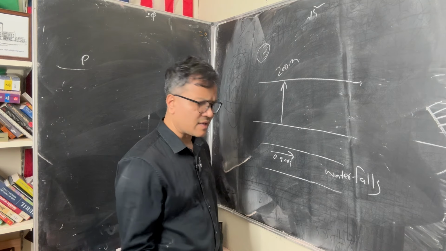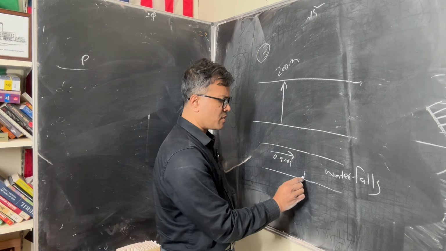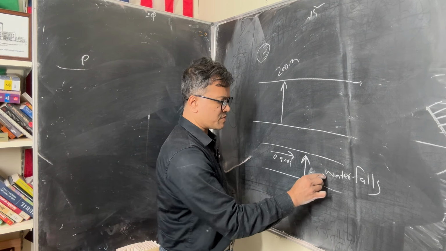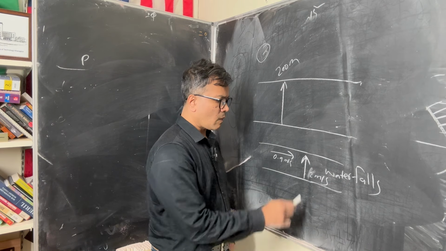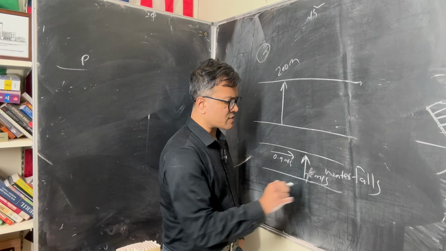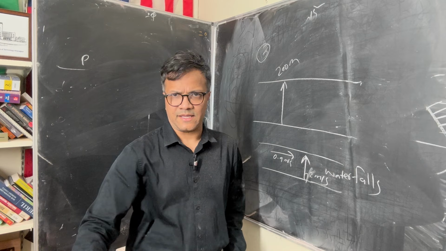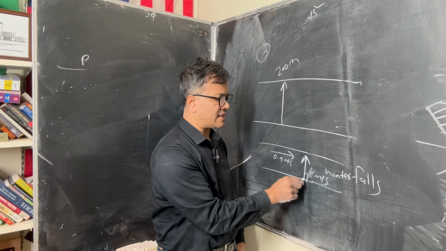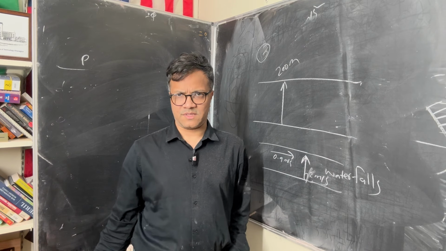You can move with 2 meters per second, I believe. Now, what angle will save your life? 90 degrees will not save your life. 90 degrees will be deadly. If Mr. Wari moves 2 meters per second at 90 degrees, he will probably not survive.